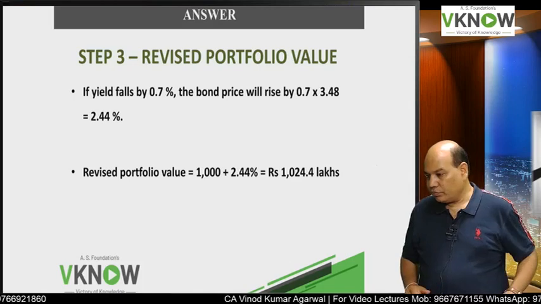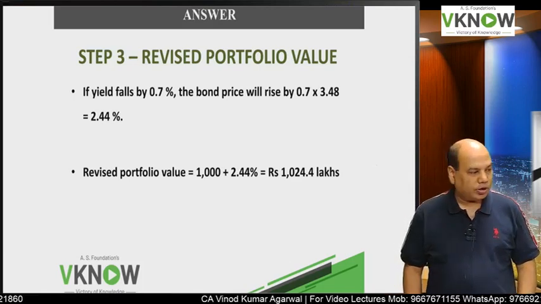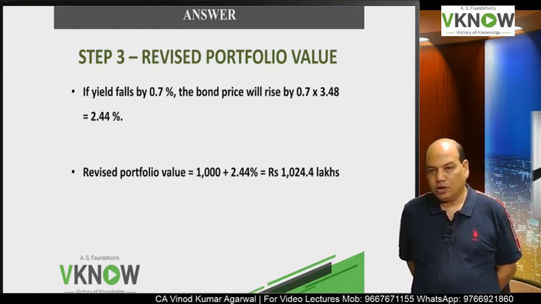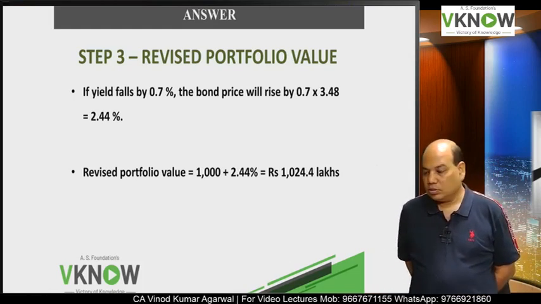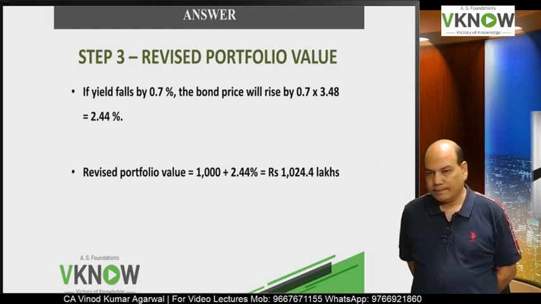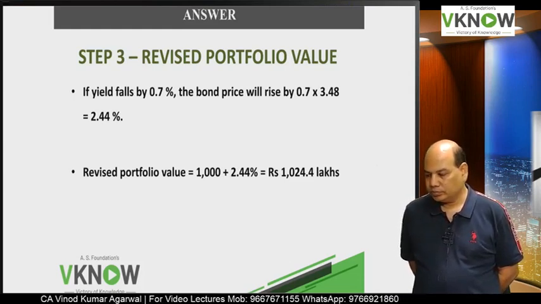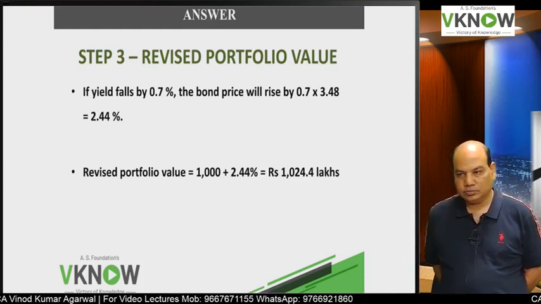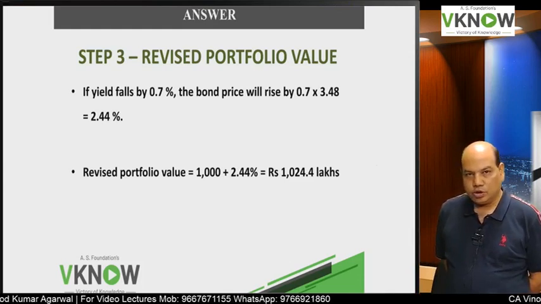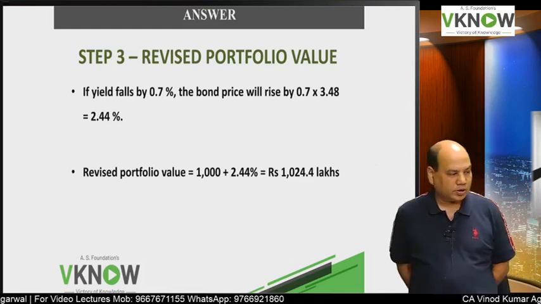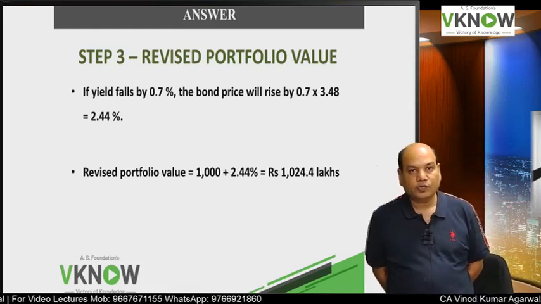So write, if yield falls by 0.7%, the bond price will rise by 0.7 into 3.48, which means 2.44%.